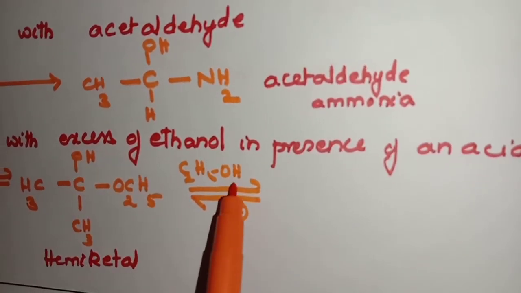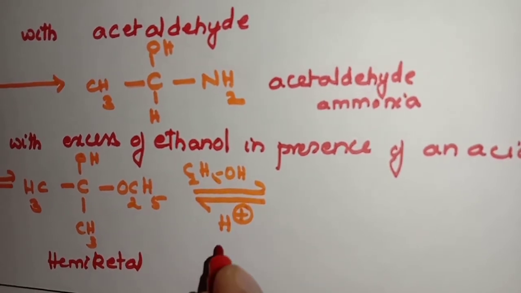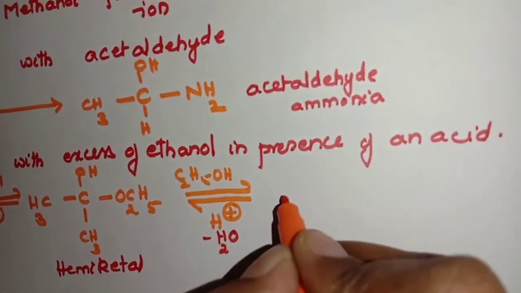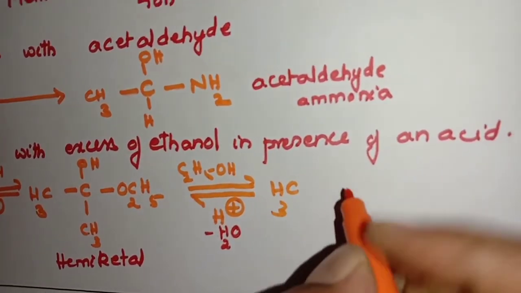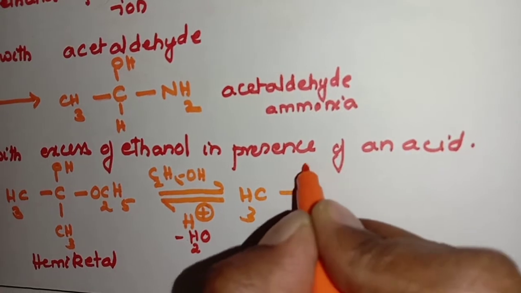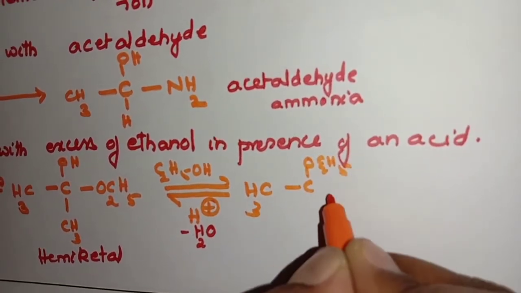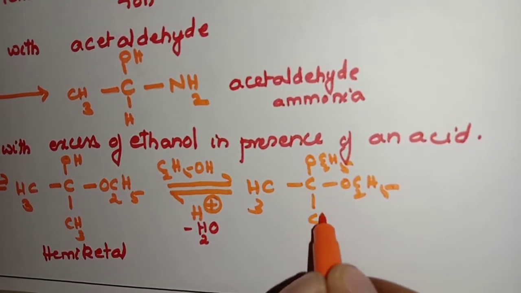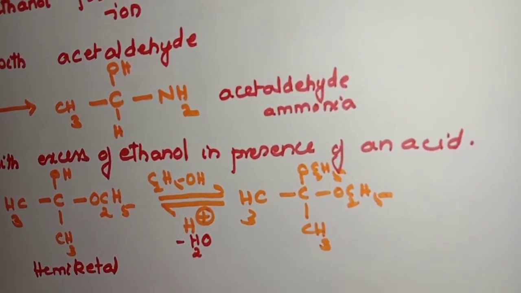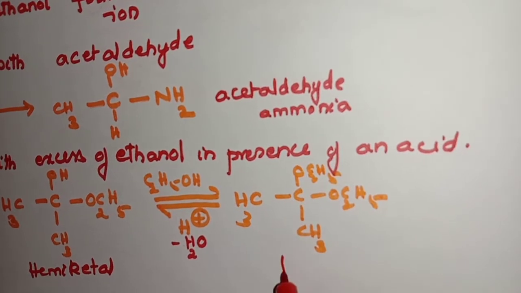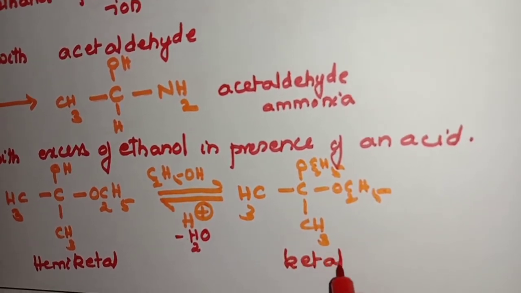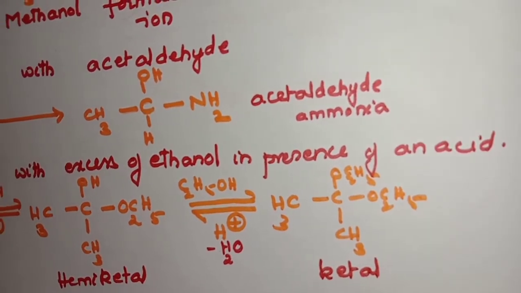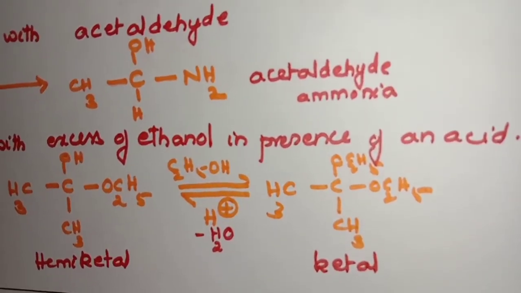This H and OH come out as minus H2O, thereby giving CH3C(OC2H5)(OC2H5)CH3. So finally this is called a ketal. The answer for this is that first hemiketal is obtained and finally we get ketal.